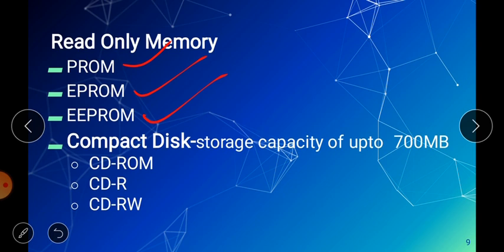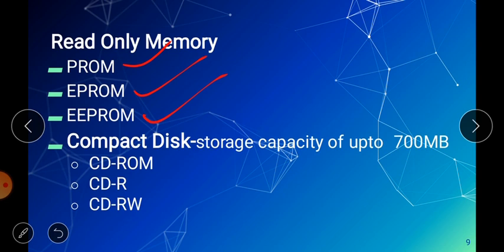Means you purchase the blank memory from the market and you are able to write in this memory only once, and after you have written some data in the PROM, this memory will work as simply a ROM. So programmable ROMs are such types of memory which are initially blank, in which you can write your data once, and after the data is written it will work as a simple read only memory.